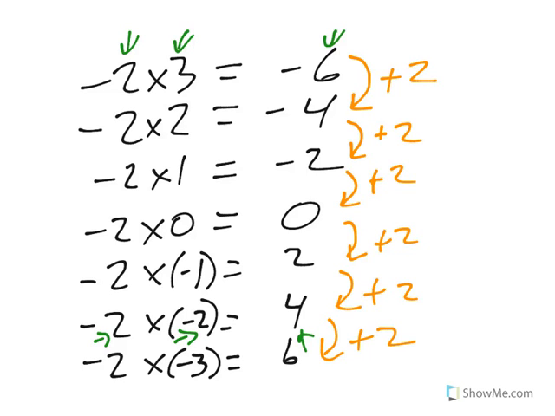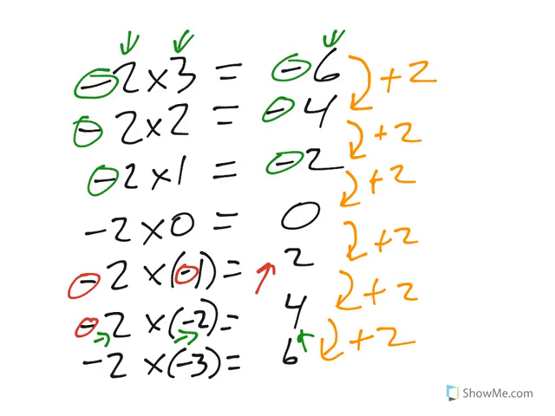Then look at it: 1 negative times a positive keeps it negative, and that was true all the way here. But if I have 2 negatives, it ended up a positive.